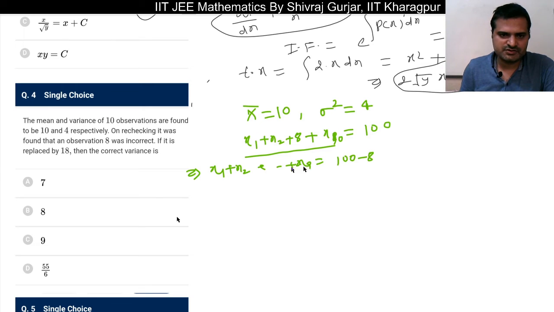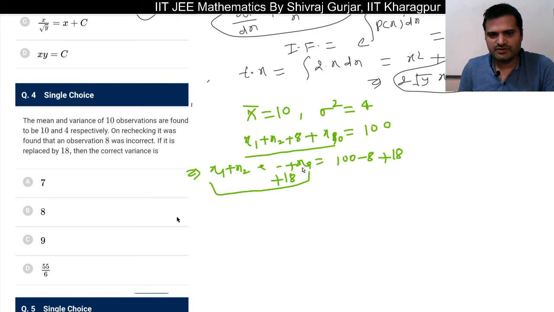We have taken 8 outside, and that 8 is in fact 18. So if we add 18 here, then these will become all 10 observations, and this is 110. Okay, so this is summation xi, where i is 1 to 10, that comes out to be 110.